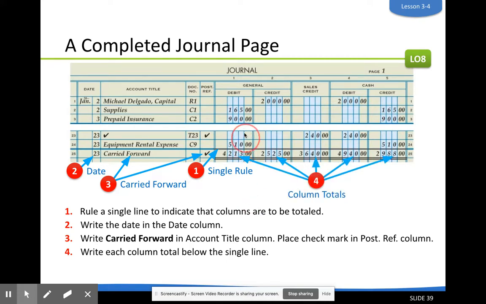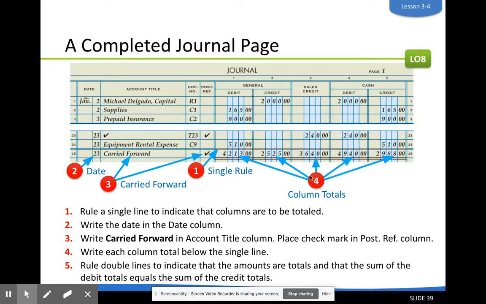So you're going to have to use a calculator, add all these numbers up, a total for each column, and then write the total on that line. And then once you've added up the 2 debit amounts, general debit and cash debit, add those together. Add our 3 credit amounts. If your debits equal credits, then our final step is to put the double underline. So that is a completed journal.